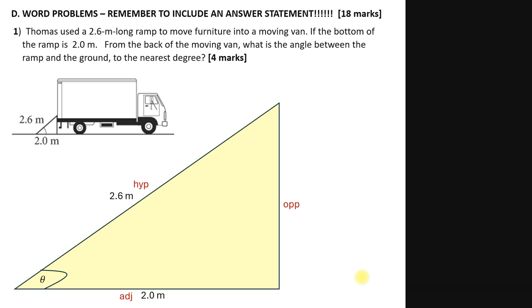So our adjacent is 2.0, and our hypotenuse is 2.6. The trig ratio that deals with adjacents and hypotenuse is the cosine. We can say the cosine of theta equals adjacent over hypotenuse. Or for this triangle, we can say the cosine of theta equals 2 over 2.6.